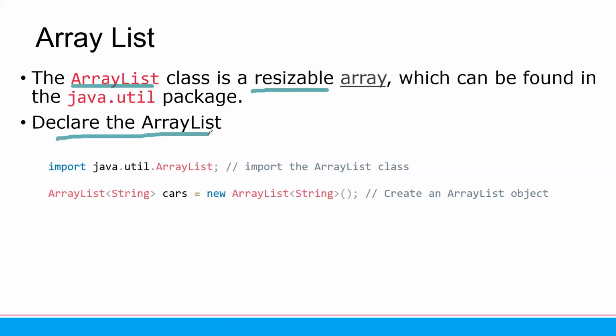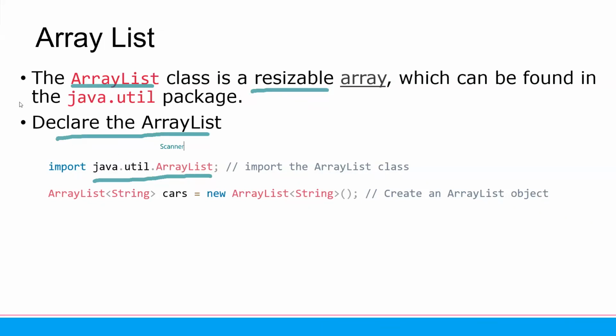When you try to declare the array list, you need to import. I guess you know java.util. When you use scanner, you also include java.util.Scanner. For the array list, it is also under java.util, and you can just use java.util.ArrayList.